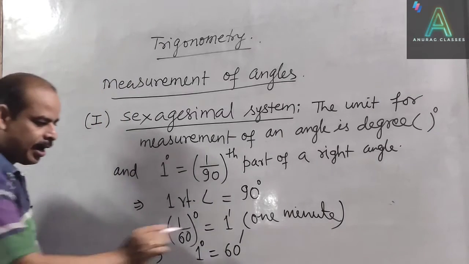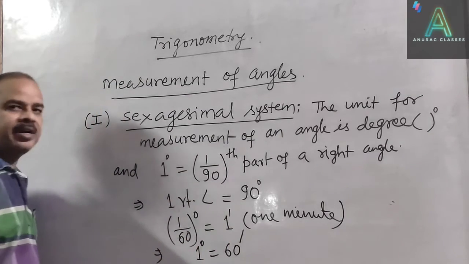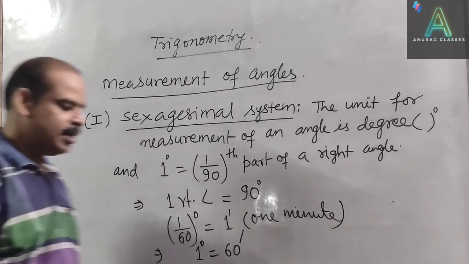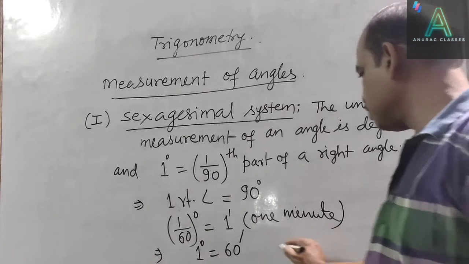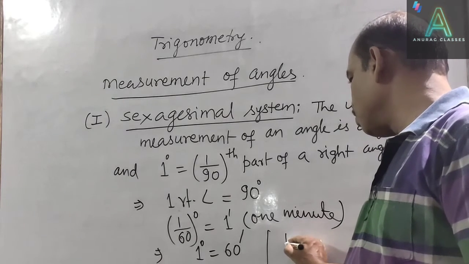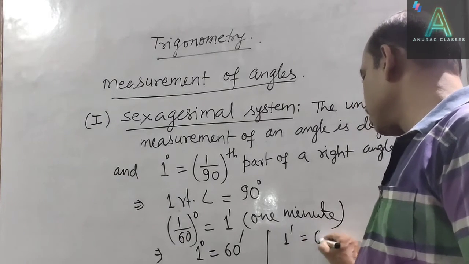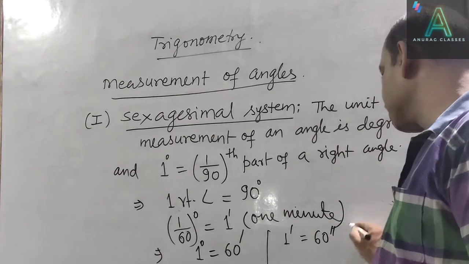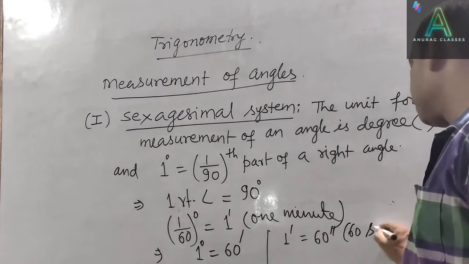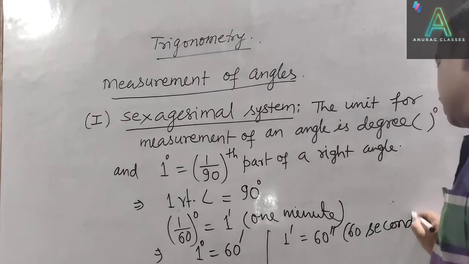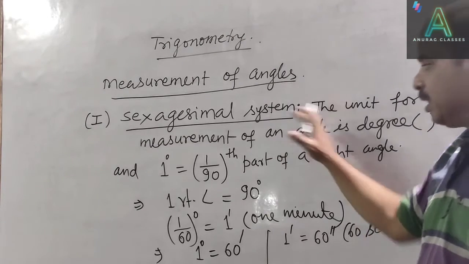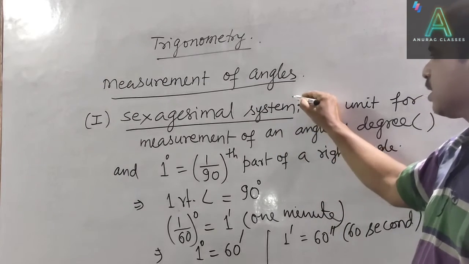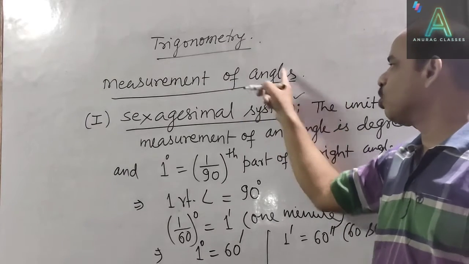Again, the angle of 1 minute is further divided into 60 parts, and each part is called a second. Therefore, 1 minute is equal to 60 seconds. So you have to remember these settings for sexagesimal system in measurement of angles.